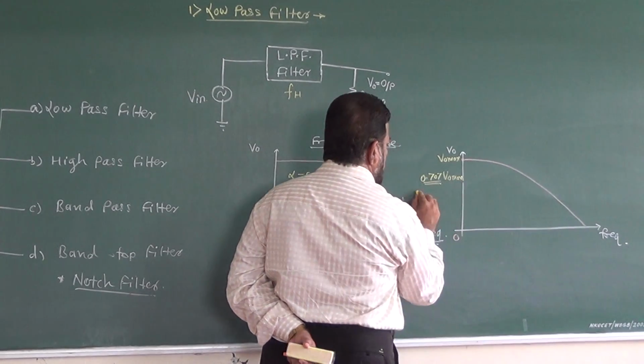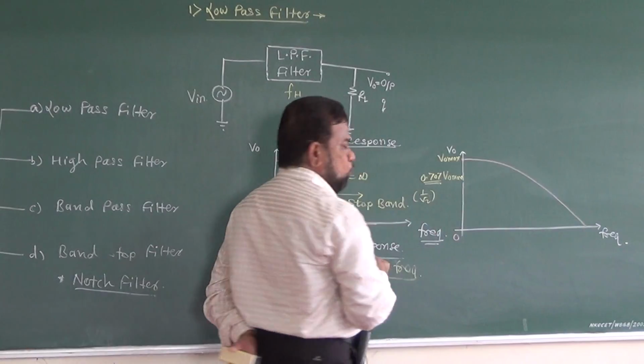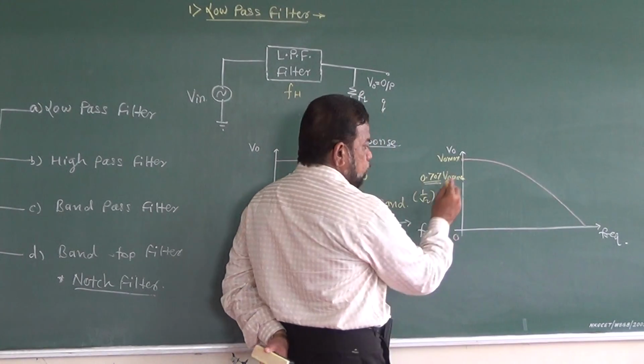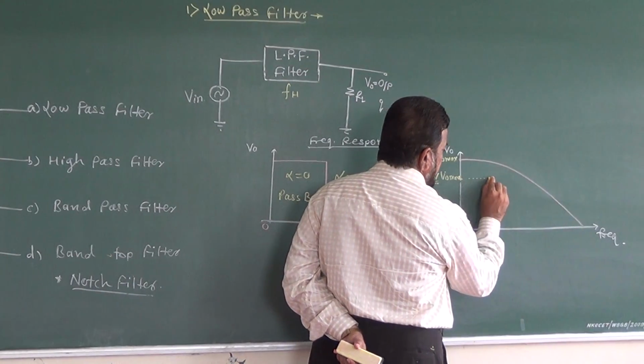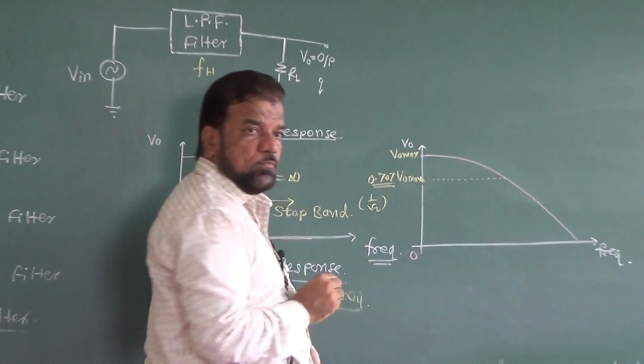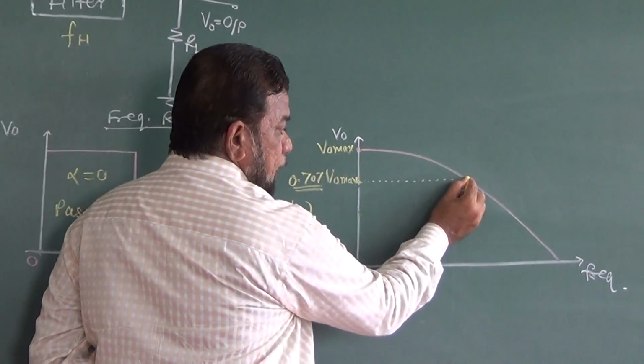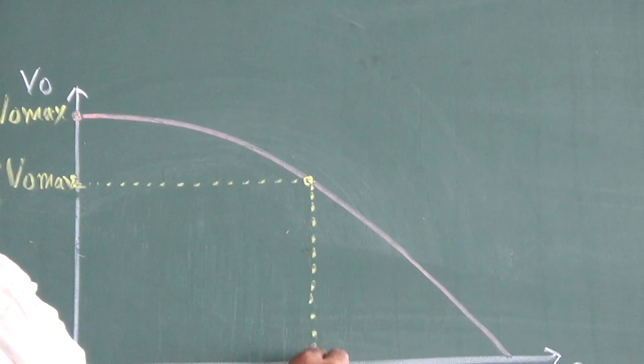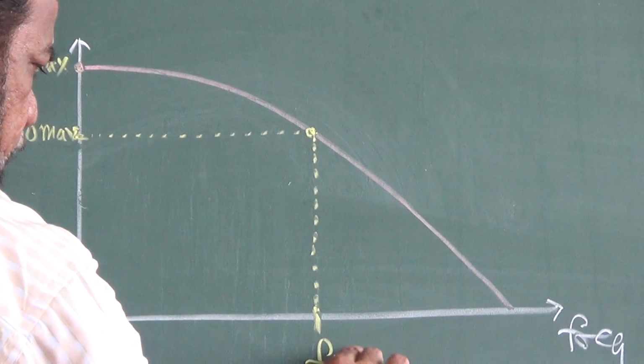This 0.707 is nothing but 1 by root 2. So I am getting the point somewhere down, and from this point if I draw a line, this line will cut the response here, and again if I draw one vertical line, this gives your FH.